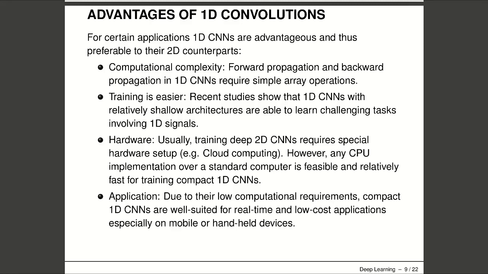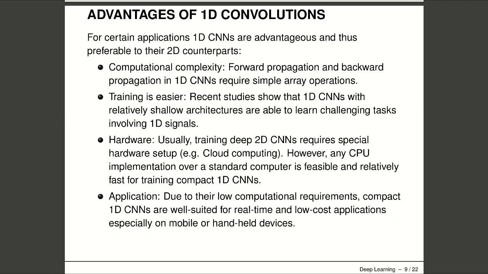Another advantage is that training a network composed of 1D convolutions is easier. 1D CNNs with a small number of hidden layers and hidden neurons are able to learn challenging tasks.